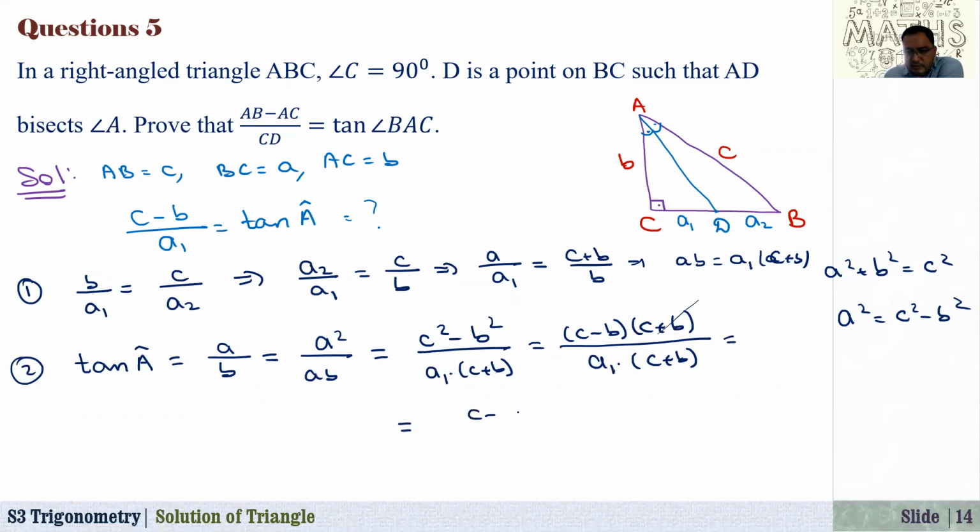So that's equal to C minus B over A1, which is equal to, what is C? C is equal to AB minus AC over, is equal to CD. So that's proof is done.